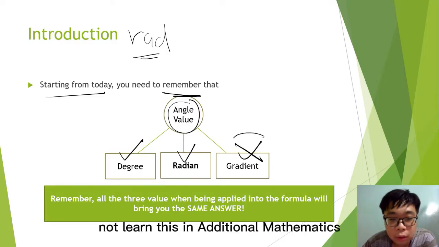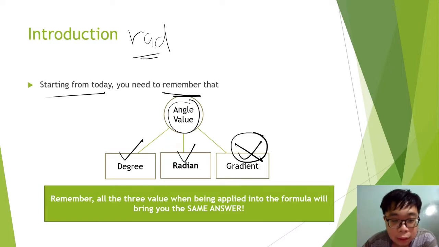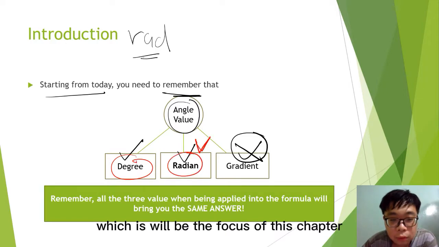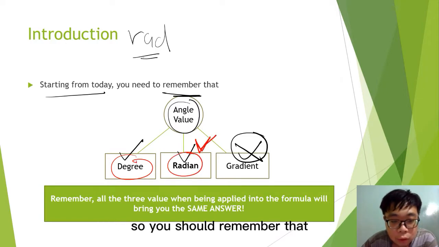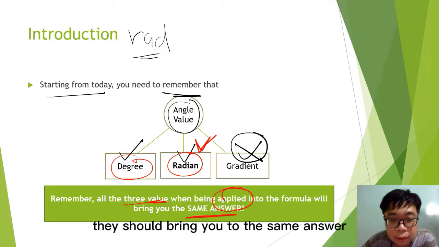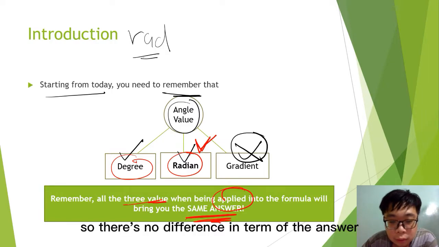You will not learn gradient in additional mathematics. You will only learn degree and radian, which are the focus of this chapter. When you apply all three values to the formula, they should give you the same answer, so there is no difference in terms of answer.